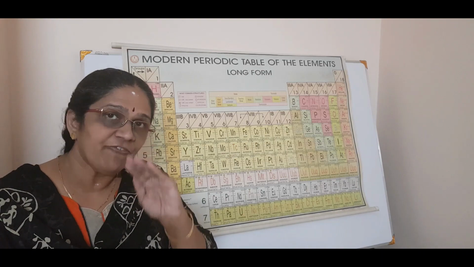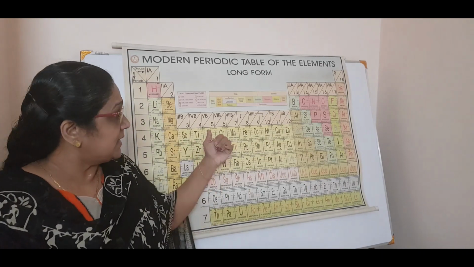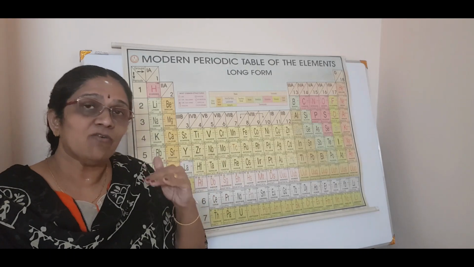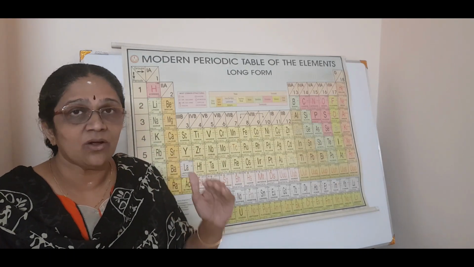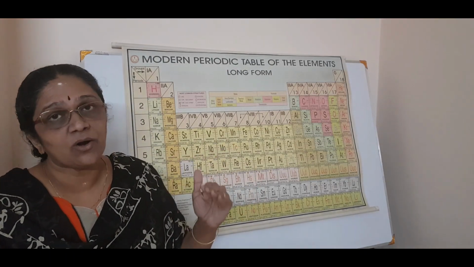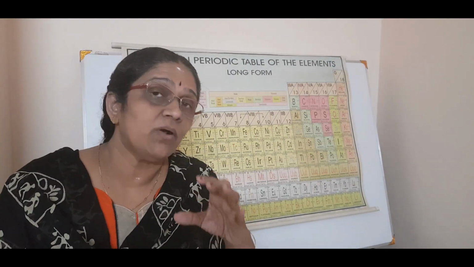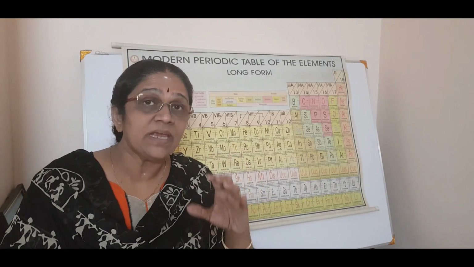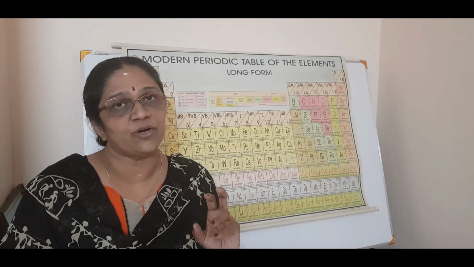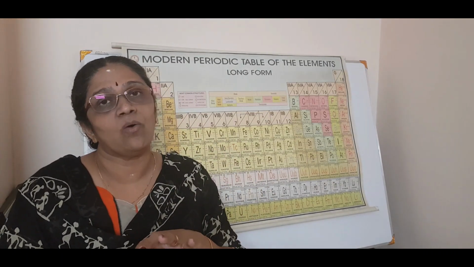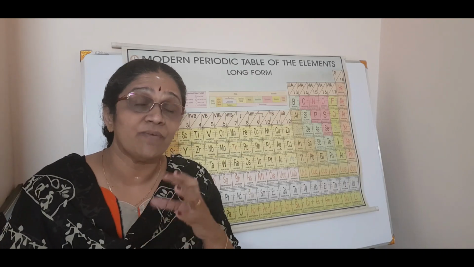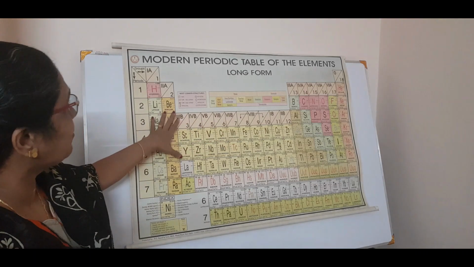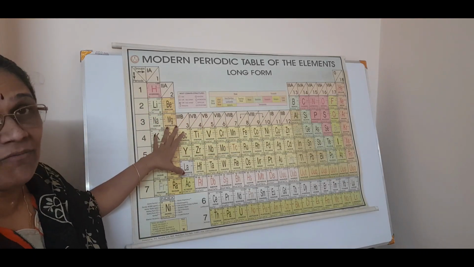One is Mendeleev's periodic law, and the other is the modern periodic law. The modern periodic law is based on the fundamental property atomic number, very important. And Mendeleev's periodic law was based on the fundamental property of atomic mass. Okay.